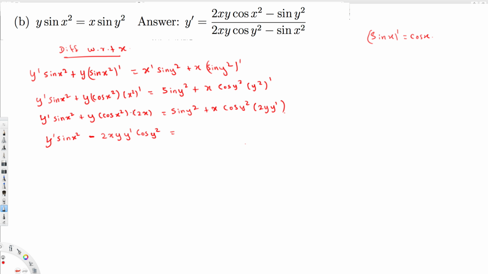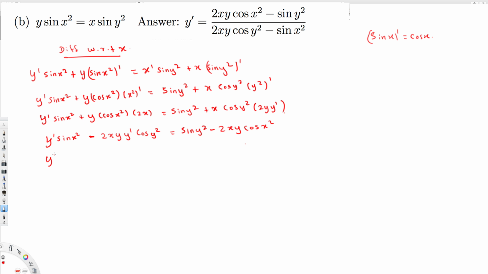Equal to, I bring this one to the other side. This is going to be sine y square minus, I can multiply this one in the front, it's going to be 2xy cos x square. Now I can take the y prime common.